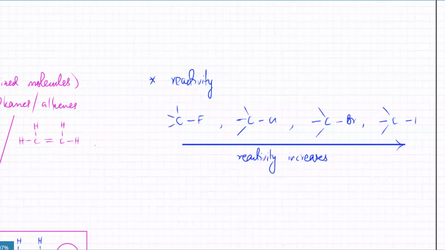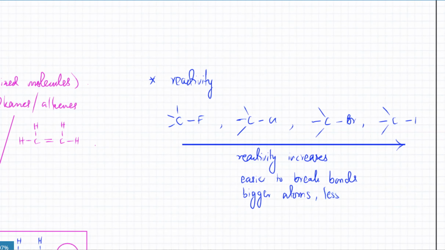And why is it increasing? It's easier to break bonds of bigger atoms. Why? Because bigger atoms always form weaker bonds. When you have bigger atoms, there's less orbital overlap.